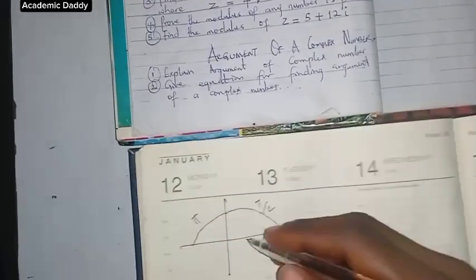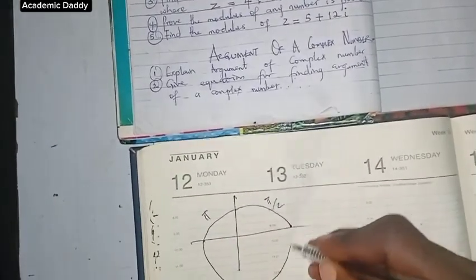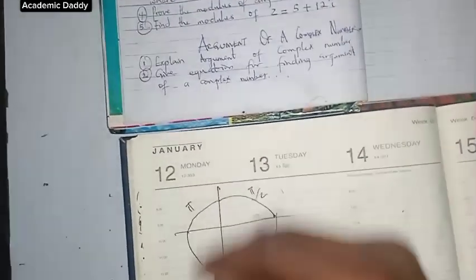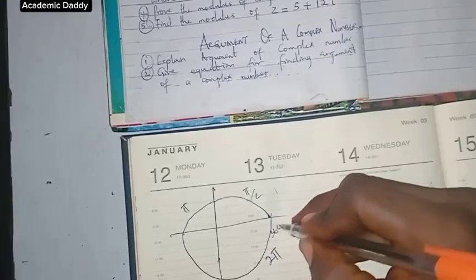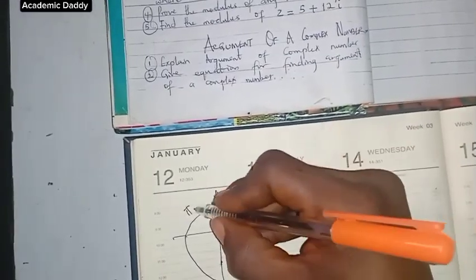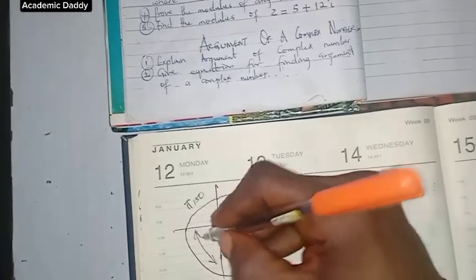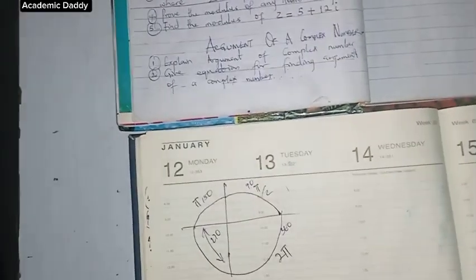So what it means is that from this end to this particular end is going to be 2 pi, that is the whole circle. That is why we call this 360, this is 90, this is 180. Notice that I ignored this 270. I did not call it anything.